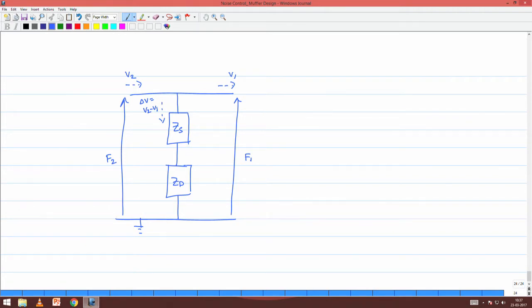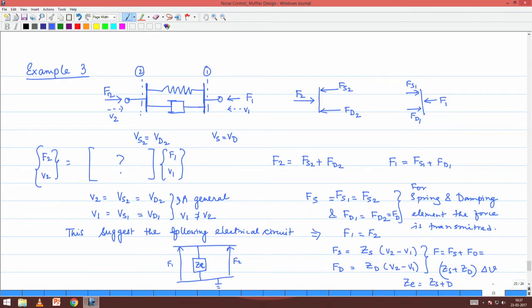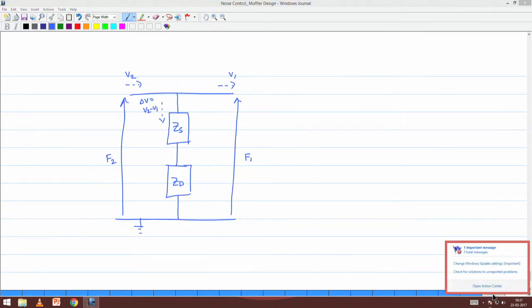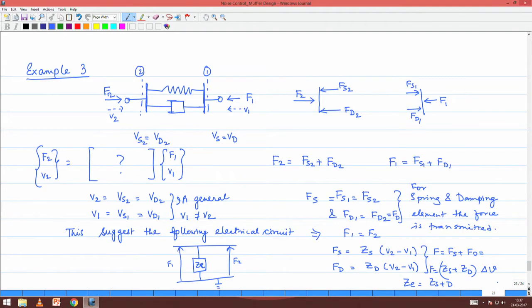Delta V into Zs plus delta V into Zd is the total potential difference that will happen in this line, which must be same as F2 and F1. This is exactly what we have in this relation, where we said F is equal to Zs plus Zd into delta V. So, this F is basically the same as F2 and F1, because anyway in this situation we are seeing that the input and the output force is just the same, right.